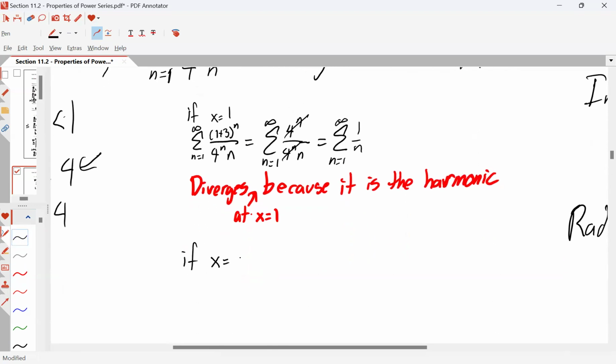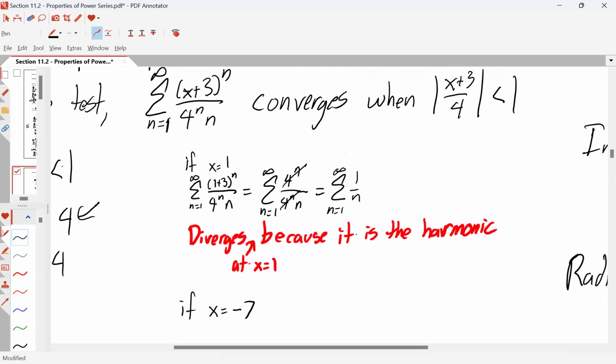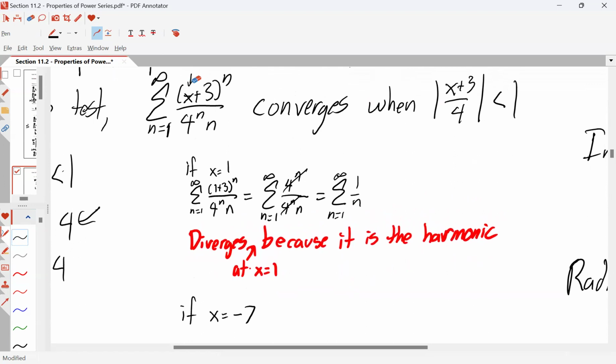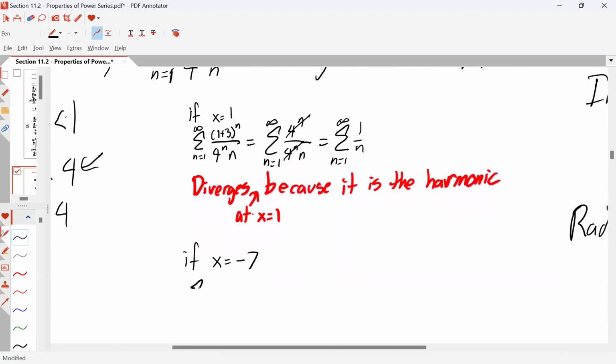If x equals -7, I'm going to plug -7 into our series, and we'd have the series n equals 1 to infinity of (-7 plus 3) to the n all over 4 to the n times n, which is the series n equals 1 to infinity of (-4) to the n over 4 to the n times n. And (-4) to the n over 4 to the n, you can see this by rewriting this as (-1) to the n times 4 to the n with exponent rules.